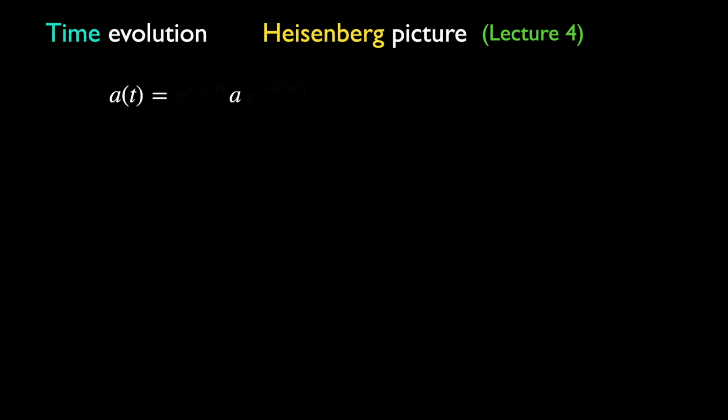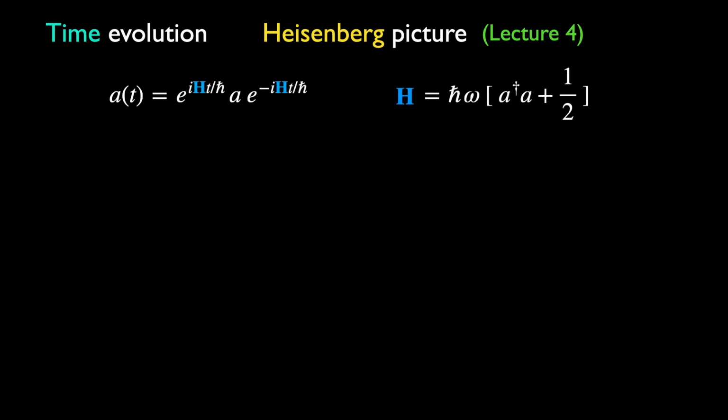When talking about the time evolution of operators, we are obviously referring to the Heisenberg picture of time translation, as opposed to the time evolution of states, which would then be the Schrödinger picture. If you are unfamiliar with these alternative pictures of symmetries, see Lecture 4. Thus, the operator A transforms as follows.